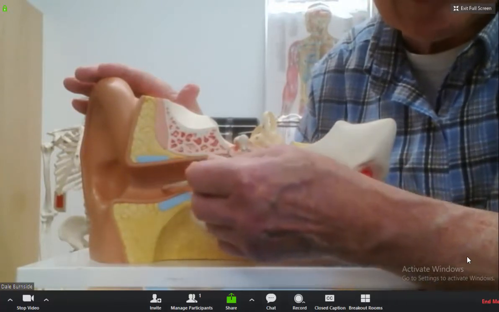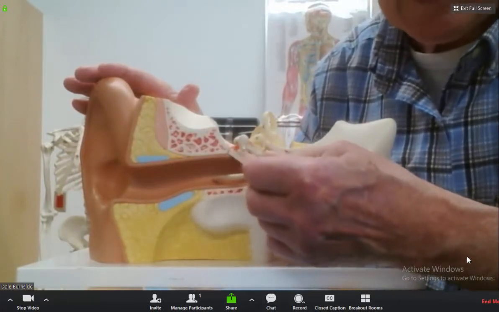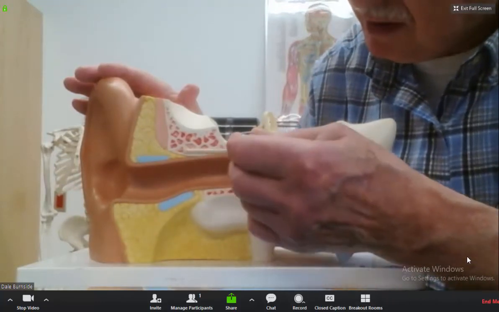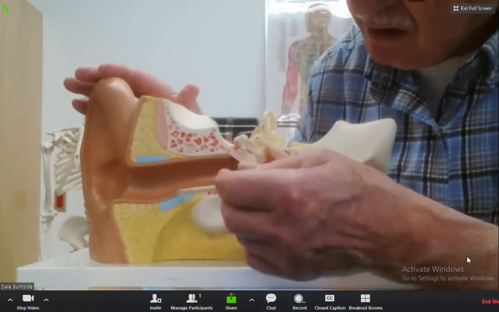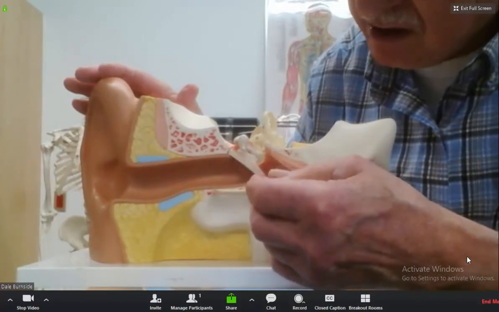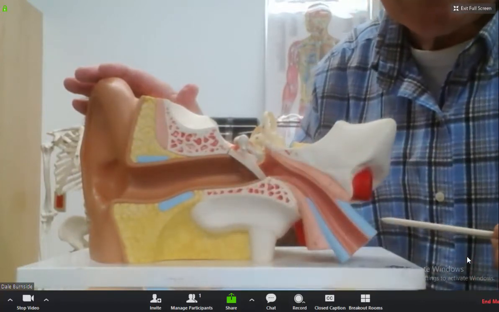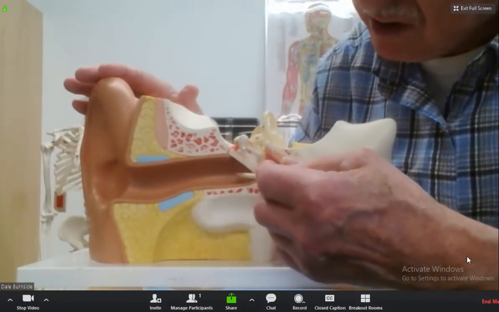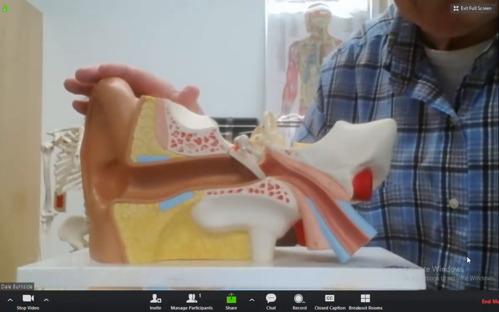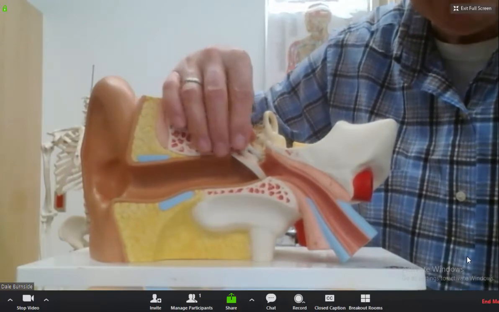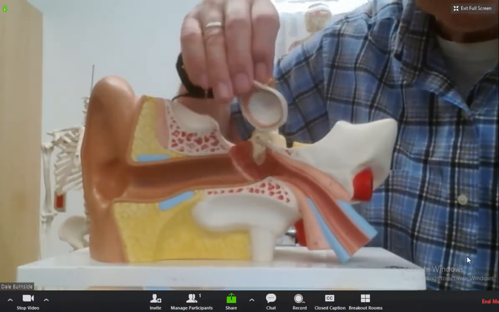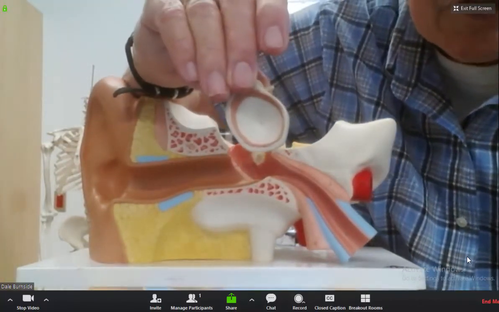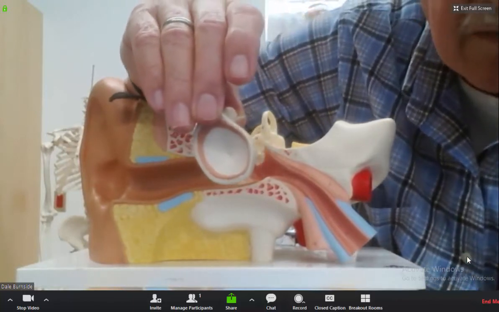You know that's in the temporal bone, and it's passing through the temporal bone, and this is called the bony labyrinth. You see all this tissue here is bone. And then it finally comes to the end of the external ear, terminating in what's called the tympanic membrane. The tympanic membrane is commonly called the eardrum.